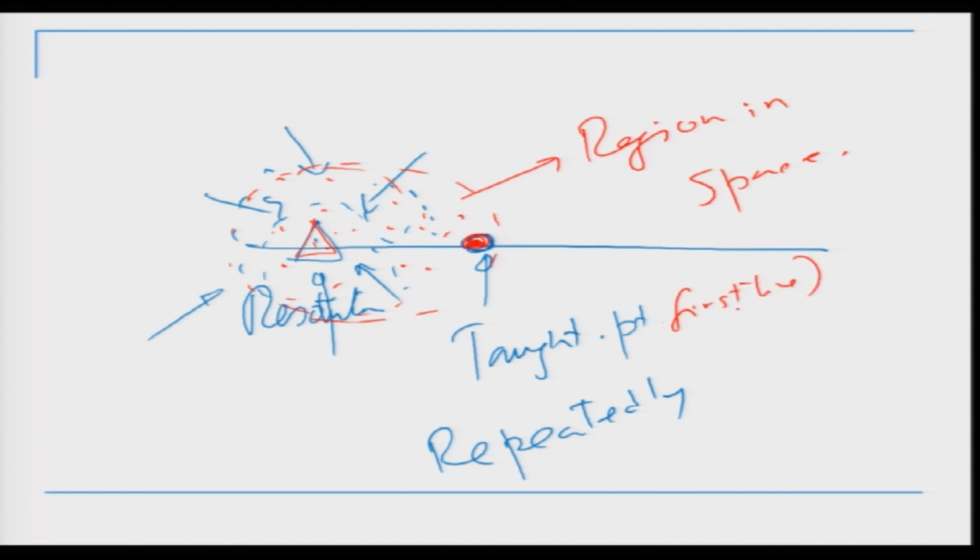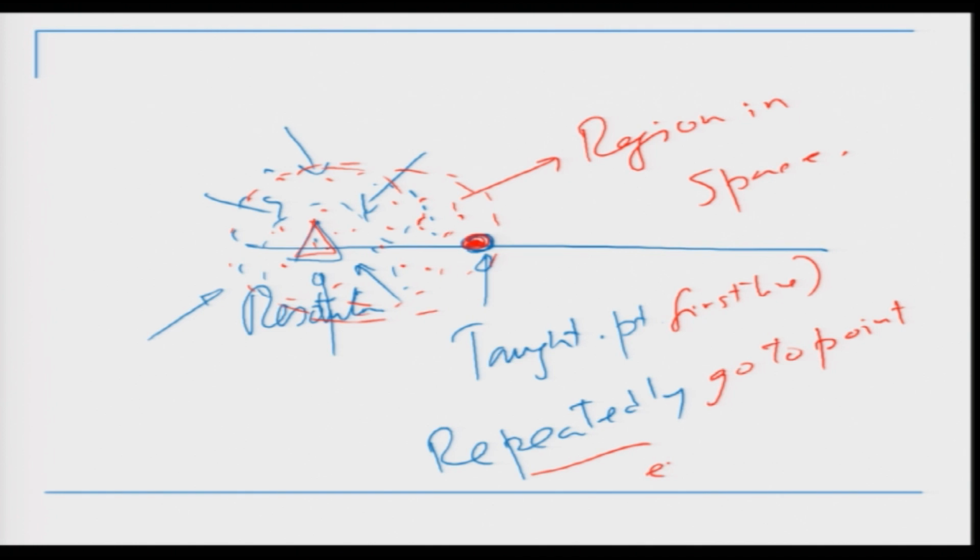Now I want to repeatedly go to the point. What will happen is I will not be able to go to this exact point because I am coming in different directions. So there will be a region in space in which I will be able to go. Essentially this is what is called the repeatability of the system.